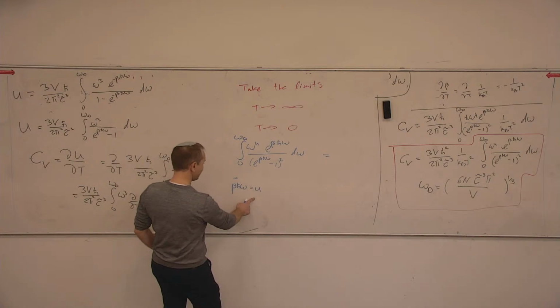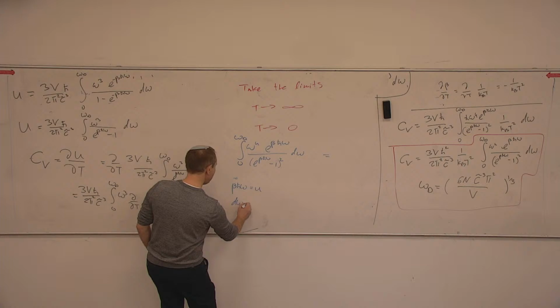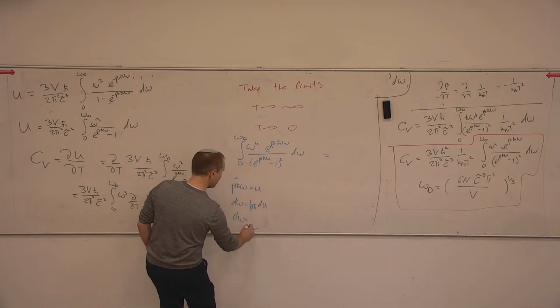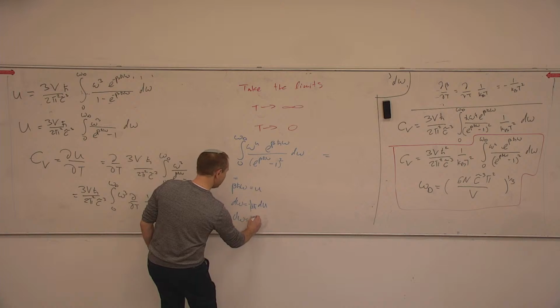So when I use the substitution, d omega equals 1 over beta h bar du, or d omega equals k Boltzmann T divided by h bar du.